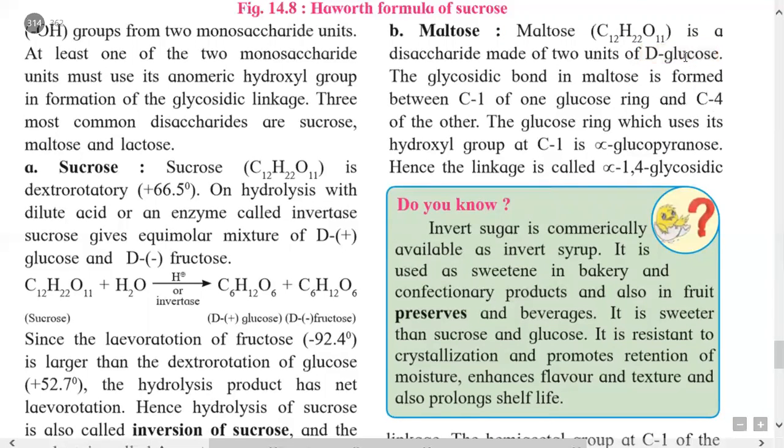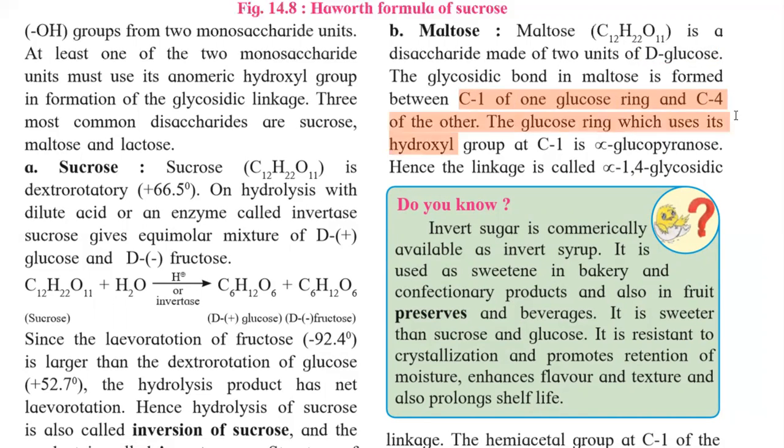Here the glycosidic bond in maltose is formed between C1 carbon of one glucose and C4 carbon of the other glucose molecule. Remember this well, that the glycosidic bond between the two glucose molecules is due to C1 carbon of one glucose molecule and C4 carbon of the other glucose molecule.